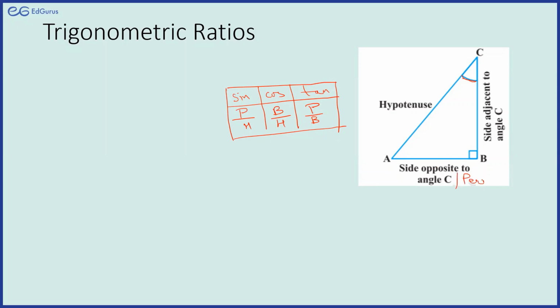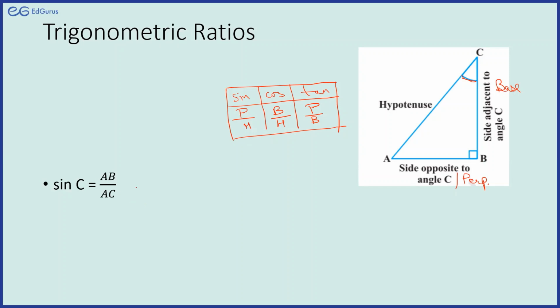So this AB is our perpendicular, and the side adjacent to angle C is the base. Even though when you look at the triangle, it looks like BC is perpendicular because it's standing up, with respect to angle C, AB is the perpendicular. So sine C is nothing but AB upon AC.